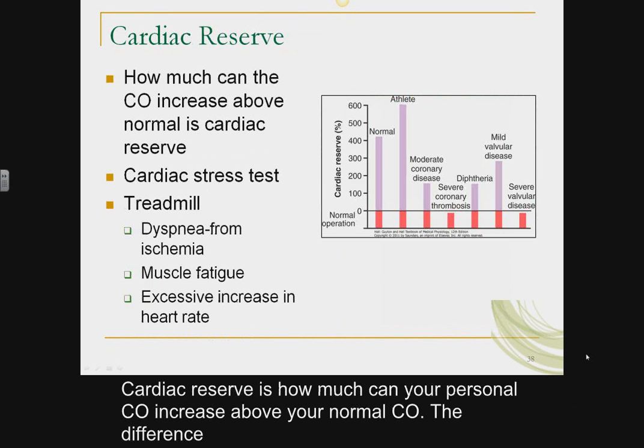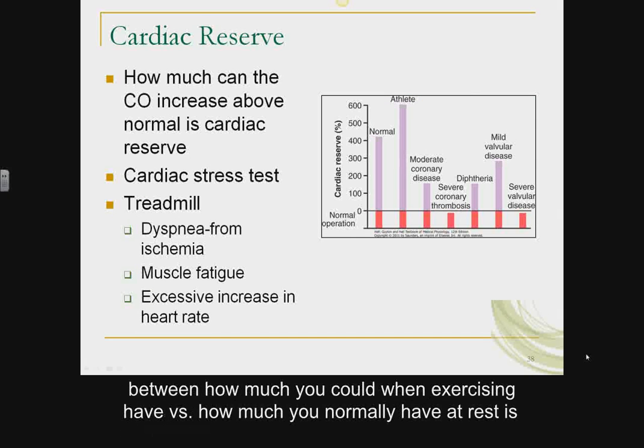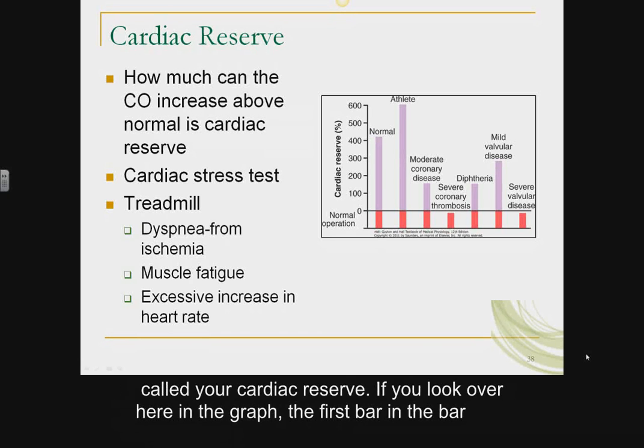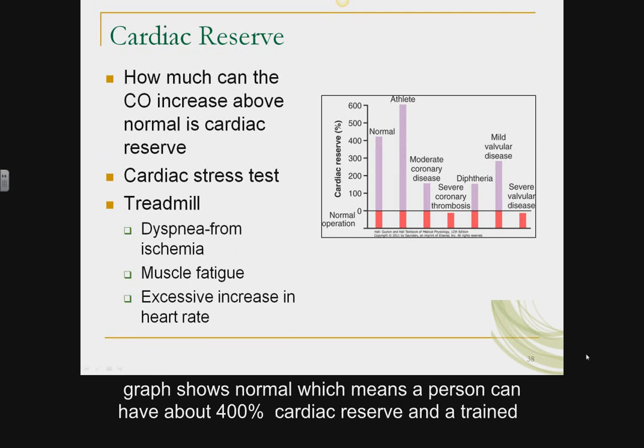Cardiac reserve is how much your own personal cardiac output increases above your normal cardiac output. The difference between how much you could, when exercising, have for cardiac output versus how much you normally have at rest is called your cardiac reserve.